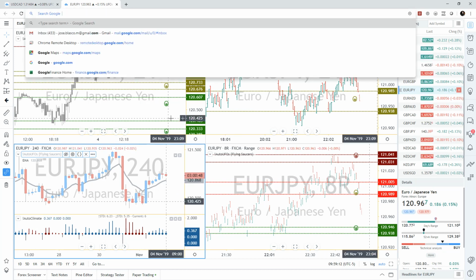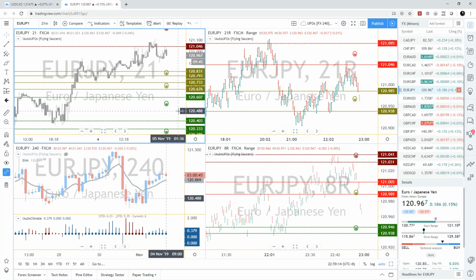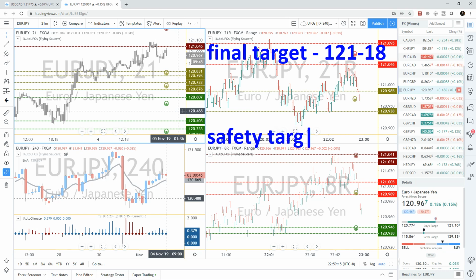Let's write it down. So this is the best way to know if the trade will end up valid or not. So final target from top to bottom. Final target. We just said 121.18. Okay, that's going to be safety target. That one I cannot calculate yet, so I'll leave space for later. Long entry. Okay, that's going to be 120.84. But remember, because it's a buy order, we add 2, so it's going to be 86.